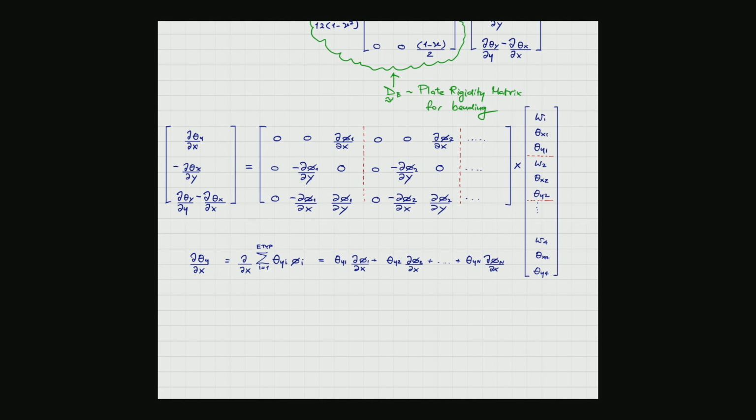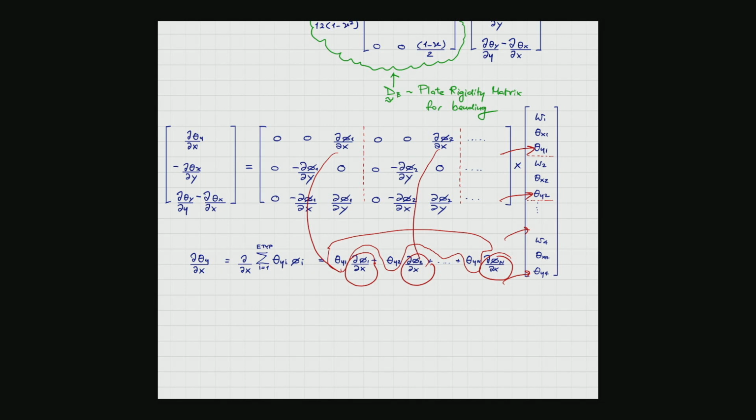And we pull this out to here, to somewhere like this, leaving only the derivatives in the B matrix.